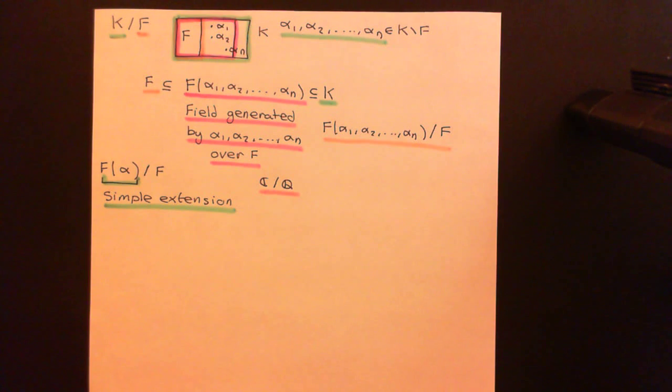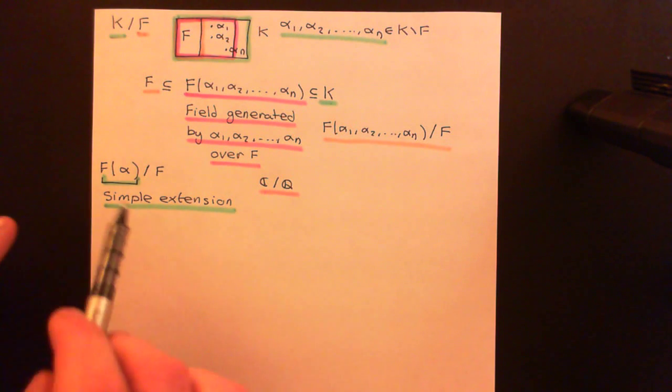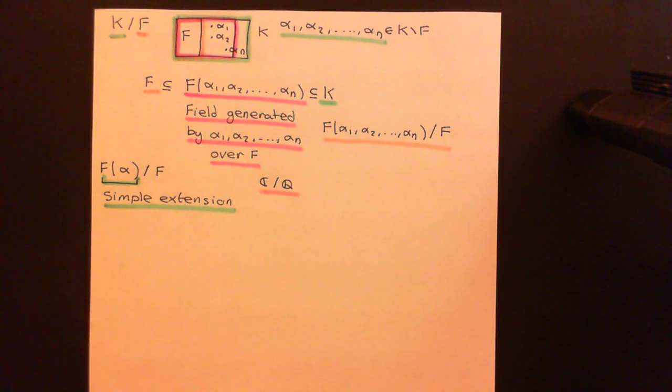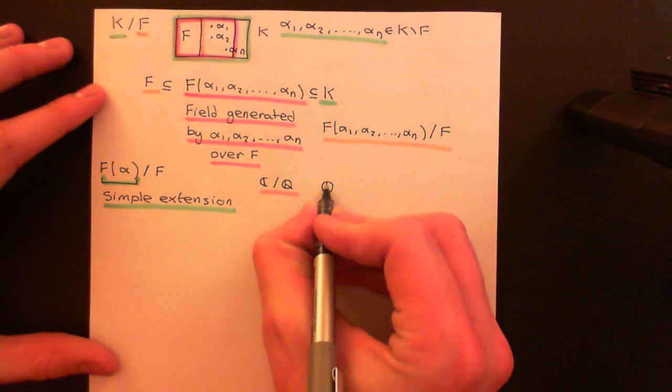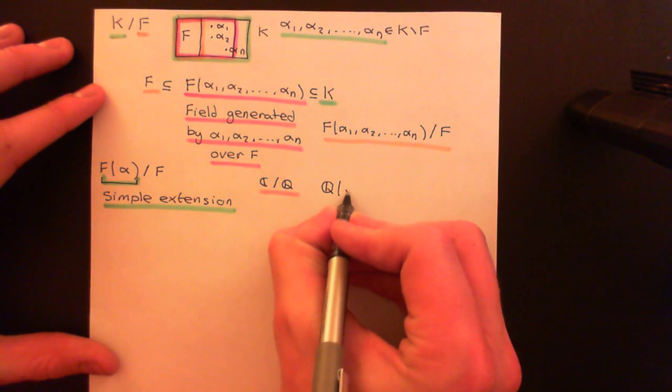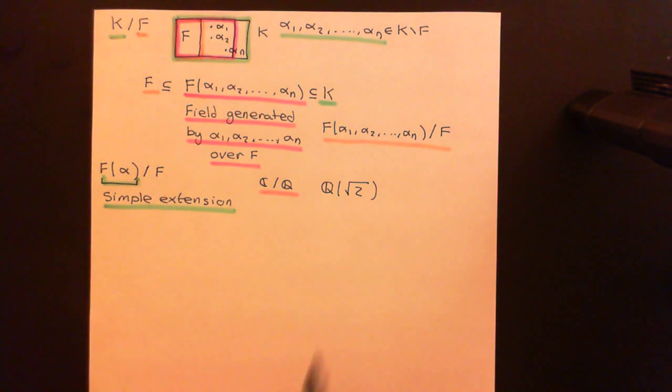What we can do then is take some element that's in the complex numbers that isn't in the rational numbers and say, let's generate the smallest subfield that contains that additional element. So for instance, you could say, let's build the field generated by the square root of 2. The square root of 2 is not found in the rational numbers. It's something that is in the complex numbers.